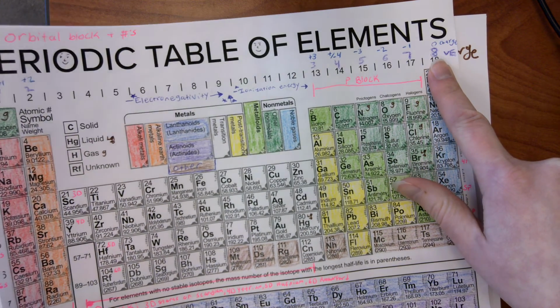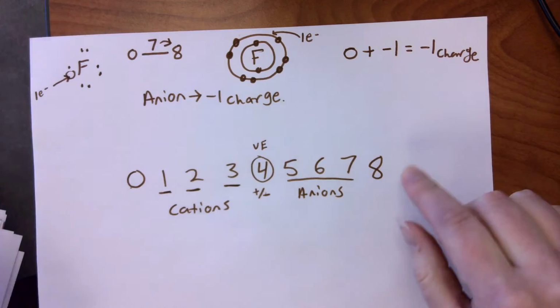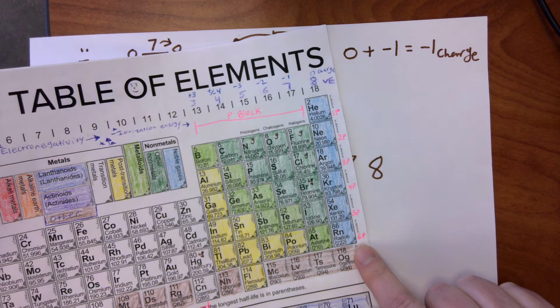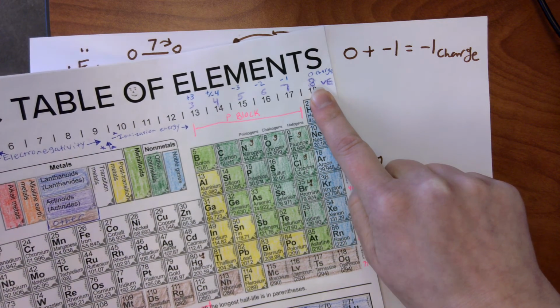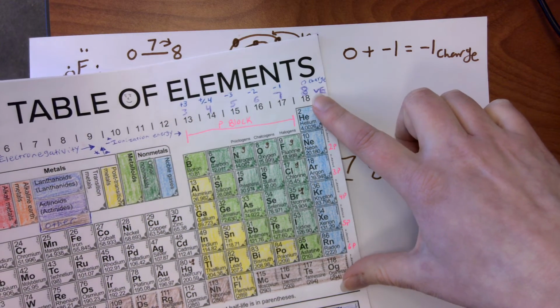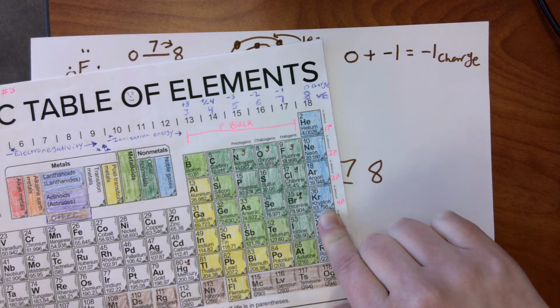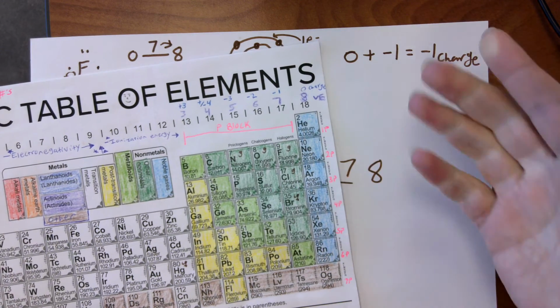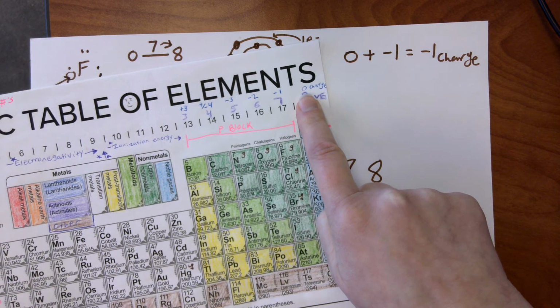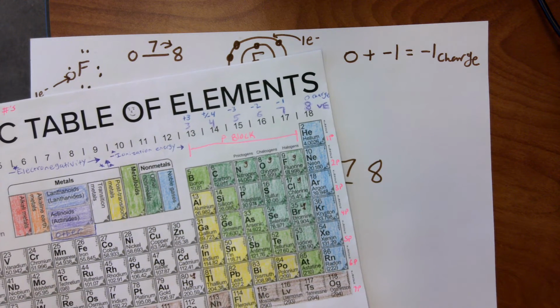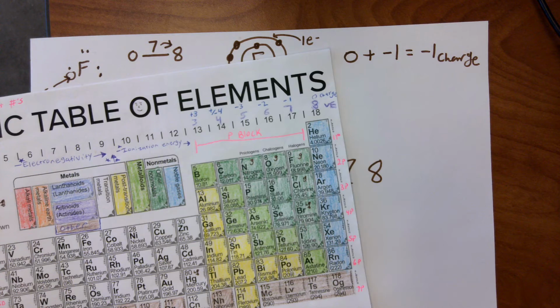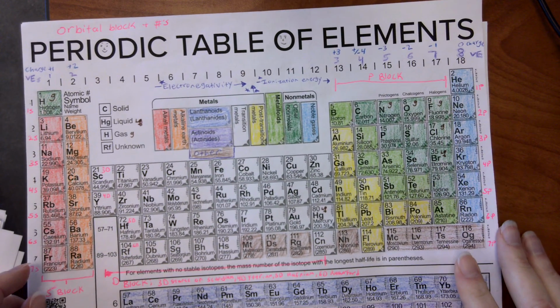And the reason I have a 0 charge there is because these noble gases are already at 8 valence electrons on the outside, which makes them happy no matter what. So they don't really want to get rid of any electrons, and they don't want to gain any because they're already at a full valence shell. Okay? Does that make sense? I hope so.